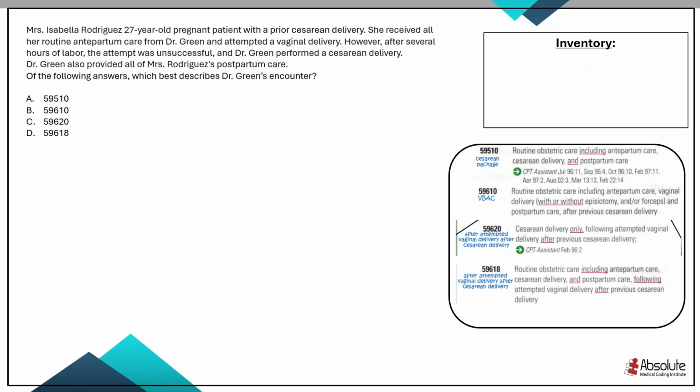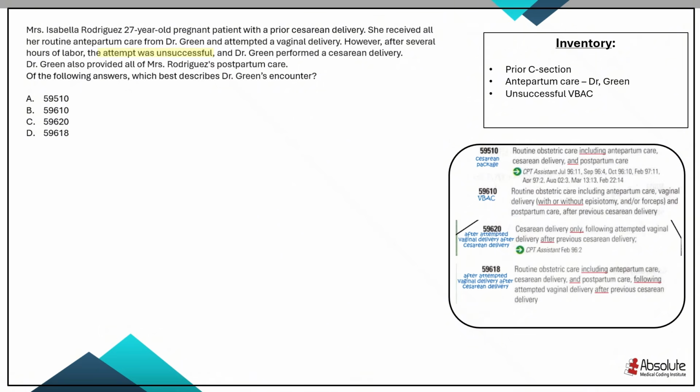Okay, coders, so let's look into our inventory list. We have a patient with previous cesarean delivery, and Dr. Green provided the antepartum care, unsuccessful VBAC, which means that there was an attempted vaginal delivery after previous cesarean delivery, and that was unsuccessful, and it resulted in a cesarean delivery, right?